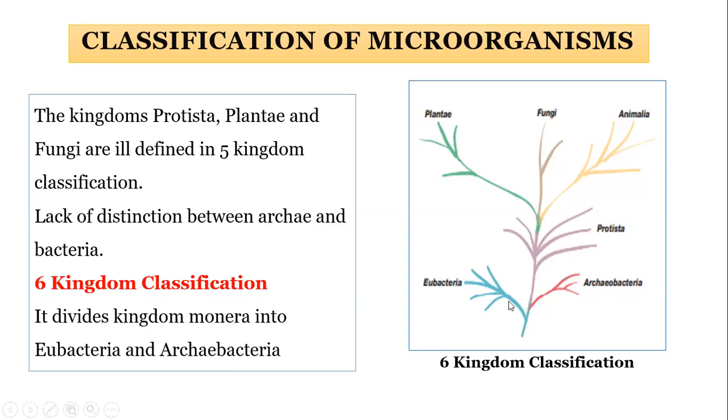The remaining kingdoms are the same: kingdom Protista includes protozoa, Plantae includes plants, then fungi, and Animalia, animals. Only kingdom Monera is differentiated into eubacteria and archaebacteria.